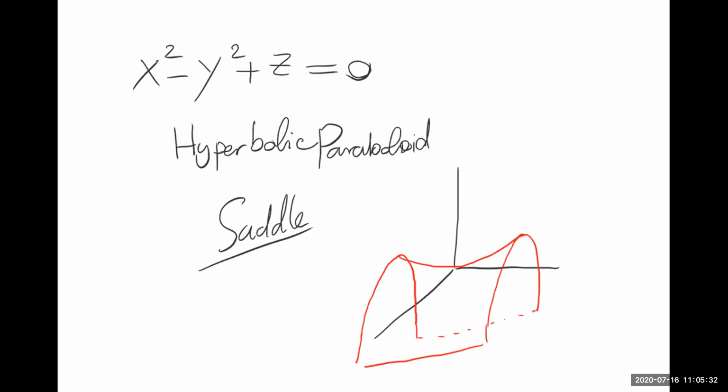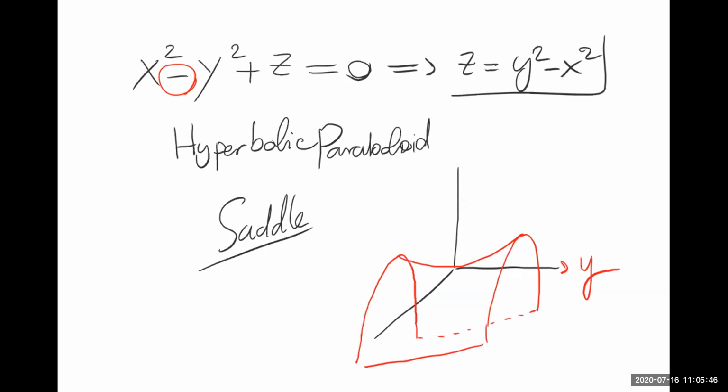It's also called a saddle, and it's extended in the direction of y, the one with the negative sign. So here z is equal to y squared minus x squared. Let's sketch this one too.